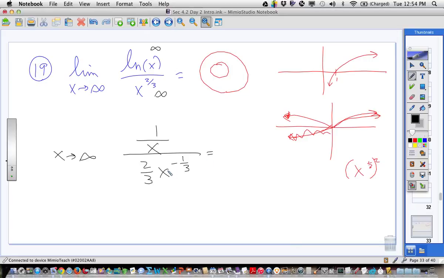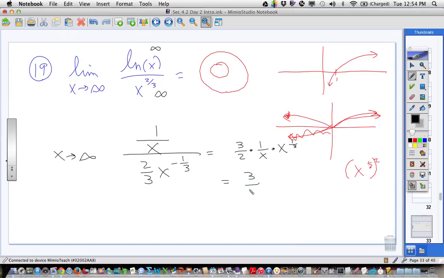What I would do is flip this up here, this negative power, and this 2/3 would flip up there as a 3/2. So with 3/2, we'd have 1 over x, and we'd have this up here as x to the 1/3. Wouldn't that make more sense? And then what would that equal?